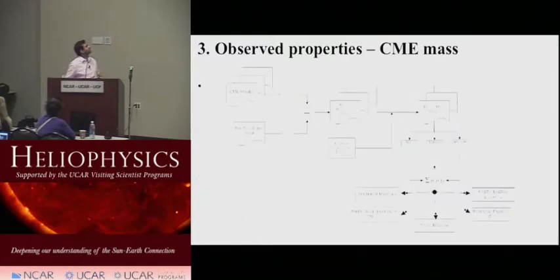We're going to skip over the exact detailing, but a lot of this is in SolarSoft, how to convert white light images into mass images. Again, if you want to get under the hood and do this yourself, come speak to me afterwards. The basic process is lots of algorithms in SolarSoft which will do it.